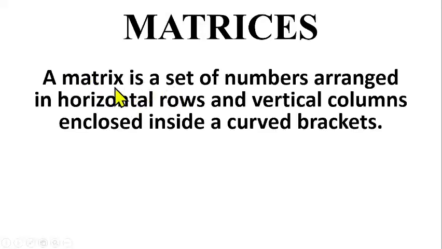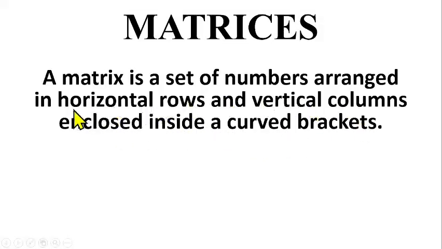Now what is a matrix? A matrix is a set of numbers arranged in horizontal rows and vertical columns enclosed inside a curved bracket.